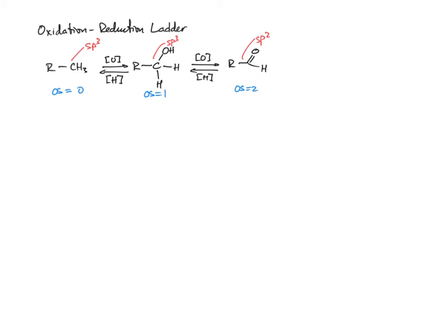We can specifically oxidize this carbon of an aldehyde, another oxidation state. So at this point, it would become a carboxylic acid. So we're counting 1, 2, 3. This is oxidation state 3.